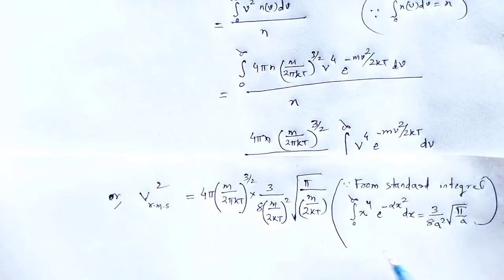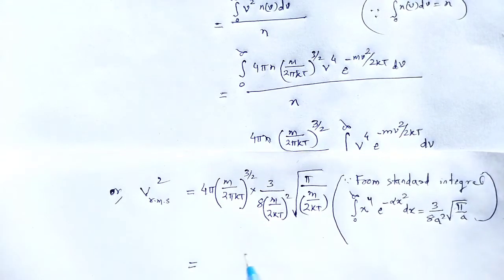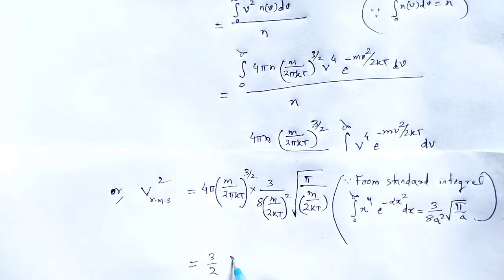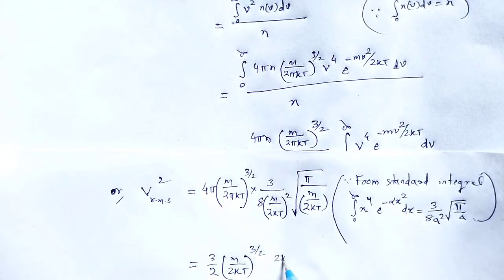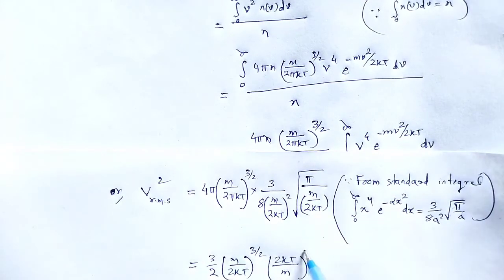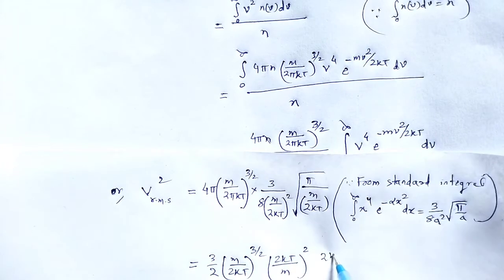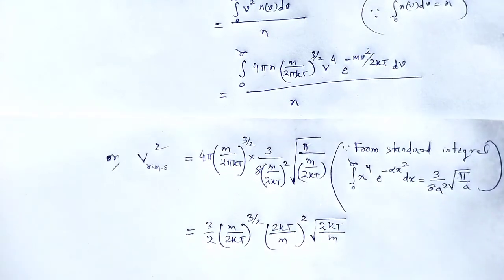Now simplifying that one, that is 3 by 2 times m by 2 kT to the power 3 by 2 times (2 kT by m) to the power 2, under root.